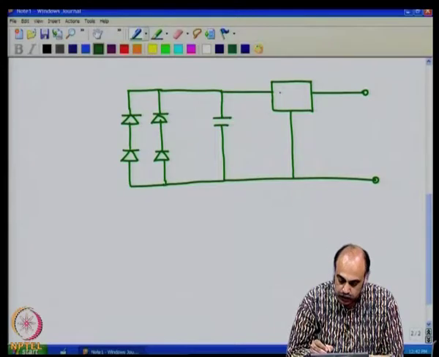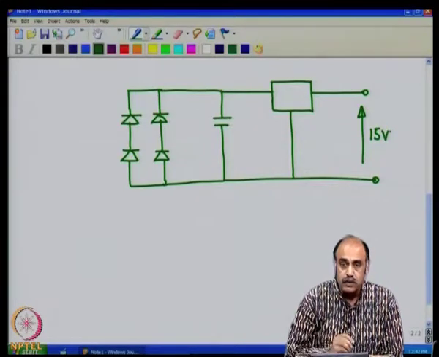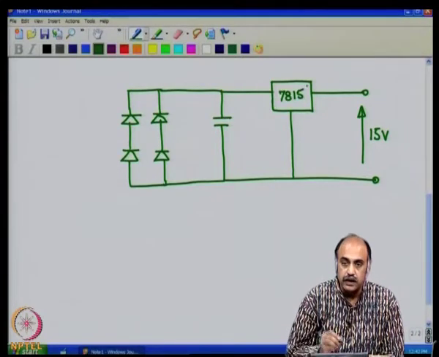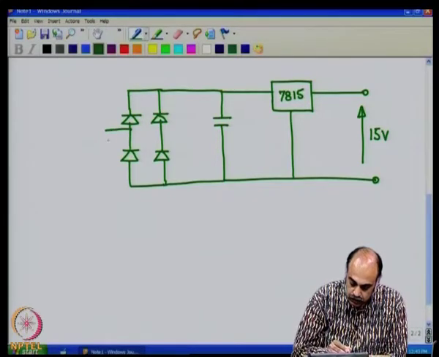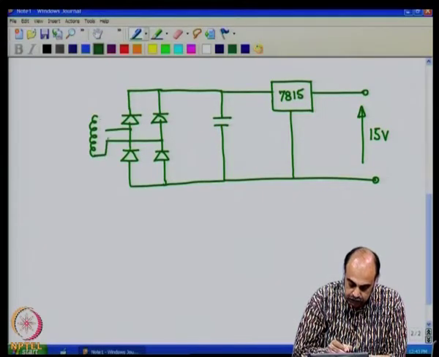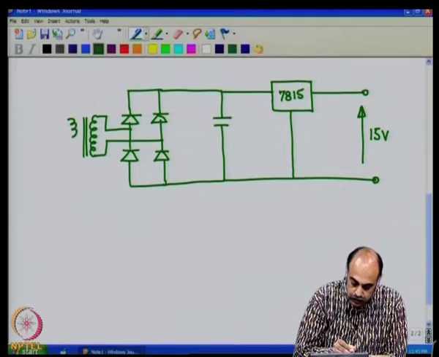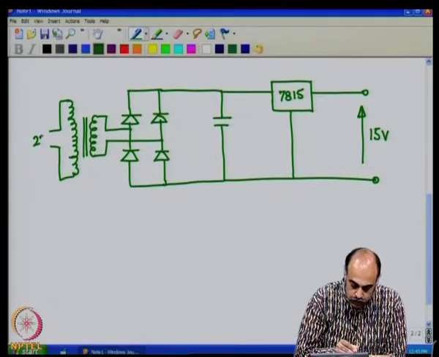Let us say you would require a 15 volts regulated output here. I could use a 7815 series regulator, let us say, connected in this fashion. You take the output from, let us say, a transformer, and the transformer primary is connected to 230 volts.